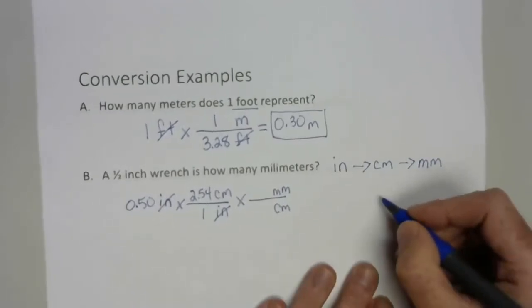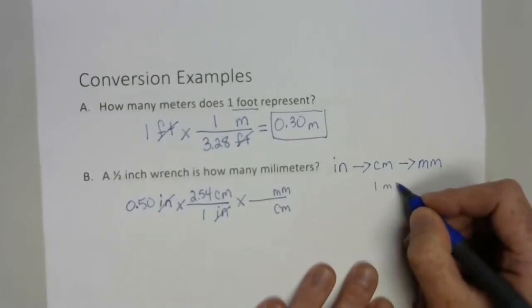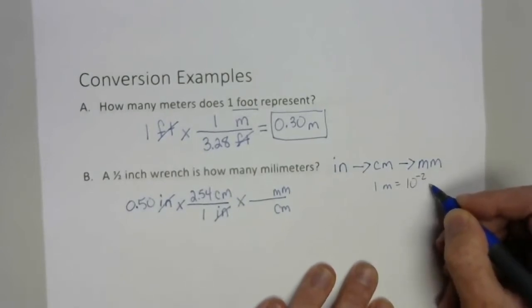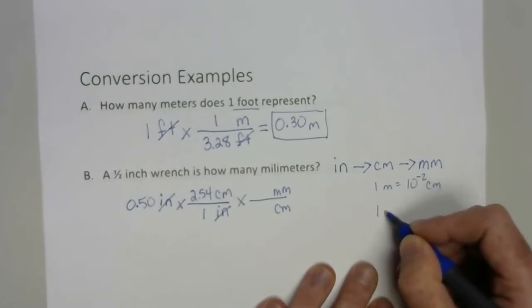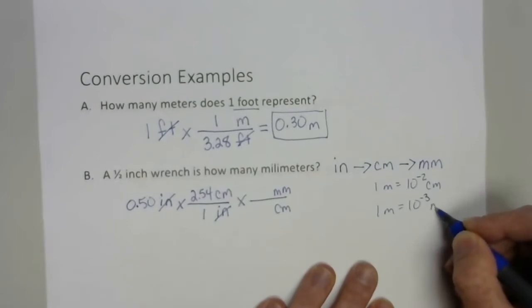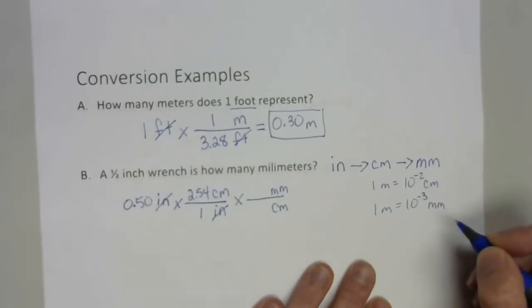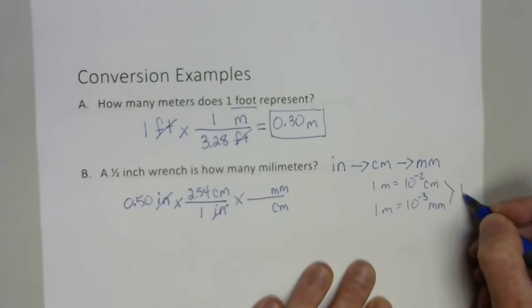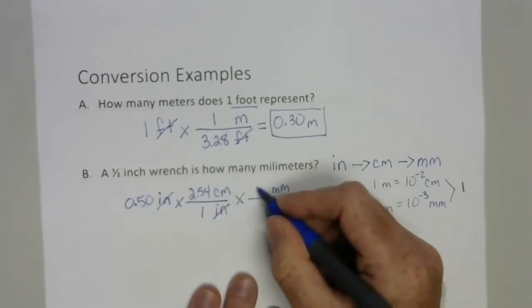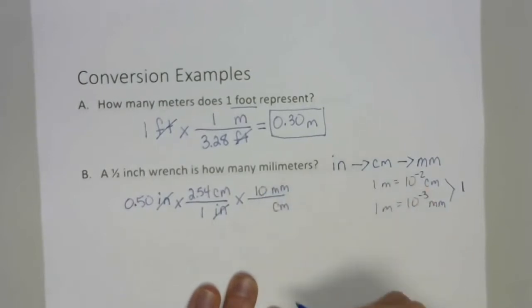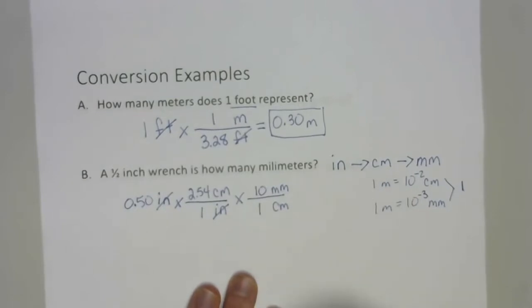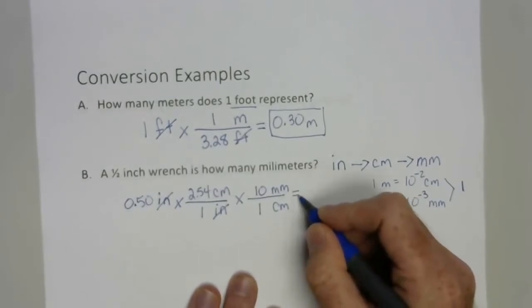What we know is that 1 meter equals 10 to the -2 centimeters, and 1 meter equals 10 to the -3 millimeters, which means there's 1 decimal place between the two. The centimeter is the bigger unit, so there are 10, or 10 to the first, millimeters in 1 centimeter. So you've got your metric to metric conversion in there as well.